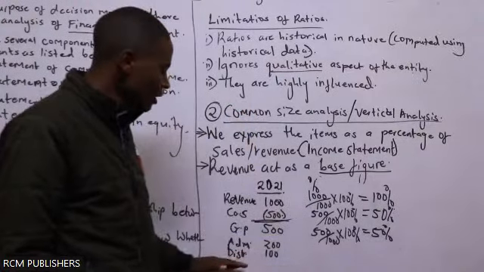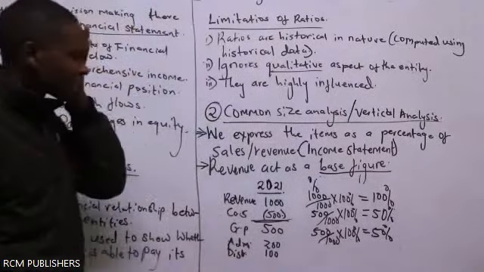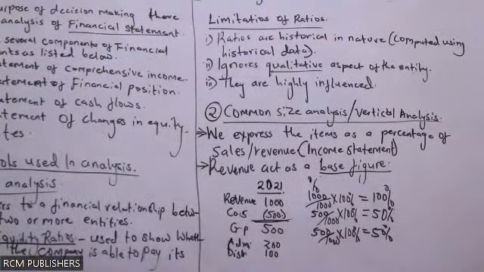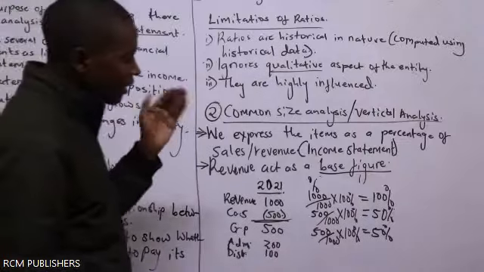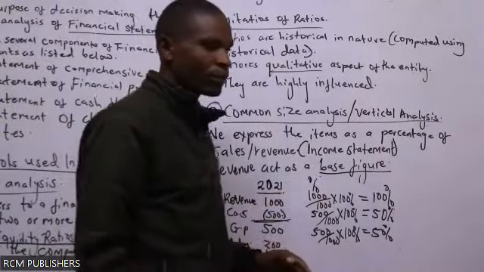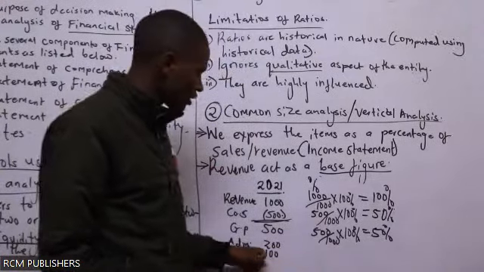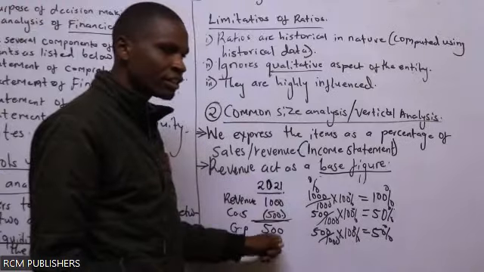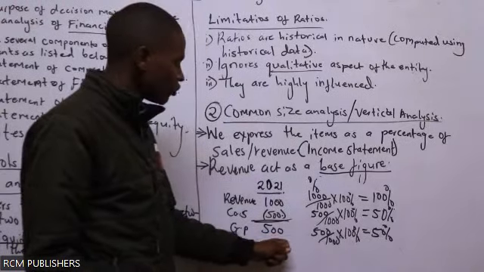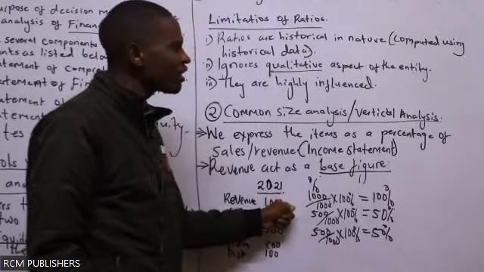We go to admin expense. Can you give me the percentage of that admin expense? We see the ratio in regard to the revenue. We see that it is giving us 20%, because she has appreciated the fact that you take 200 divided by the base figure, which will always be revenue.